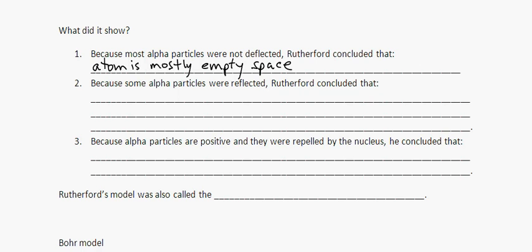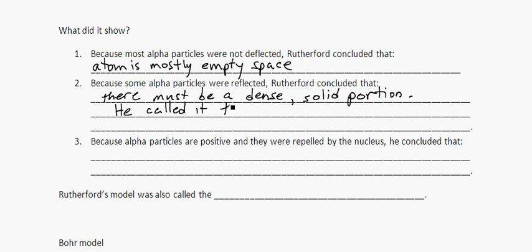Because some particles were reflected, Rutherford concluded there must be a dense solid portion. Rutherford called it the nucleus. Okay, so all the mass of an atom is concentrated in this little tiny thing called the nucleus.